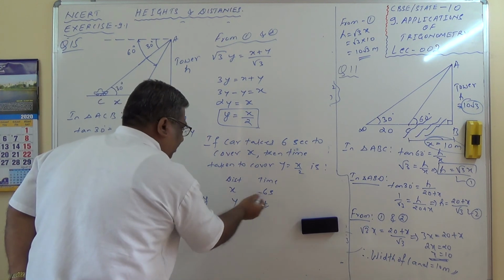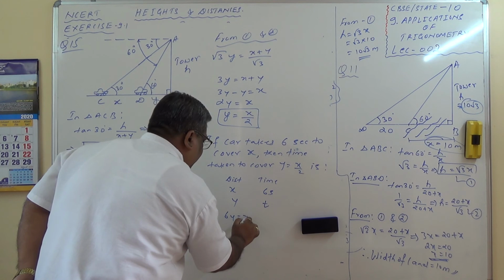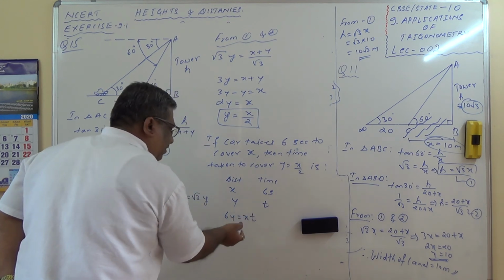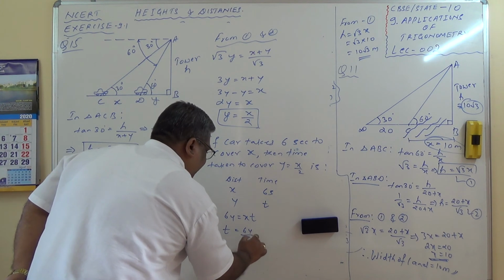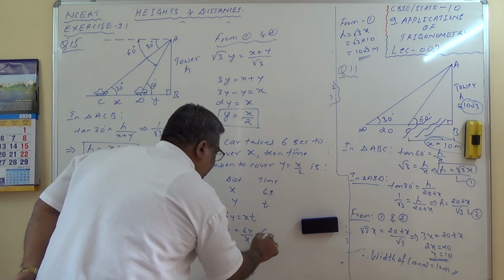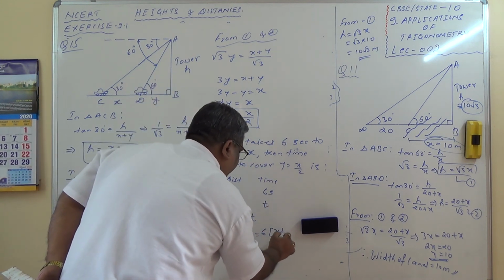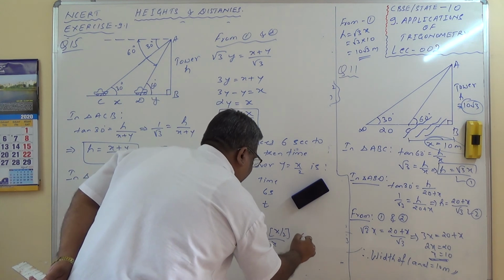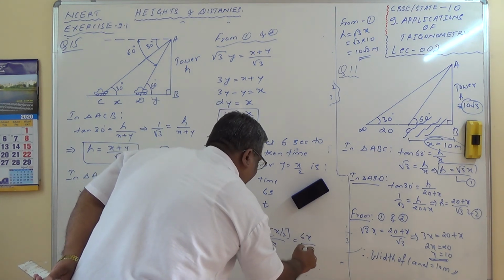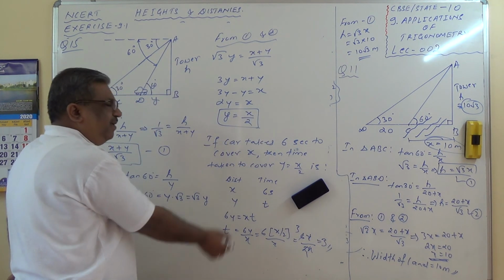Now cross multiply, because these are directly proportional. 6y is equal to x into t, but I want t here. t is equal to 6y by x, which is 6 times x by 2 divided by x, which is 6x divided by 2x. x cancels, 6 divided by 2 is 3 seconds. This is by the unitary method.